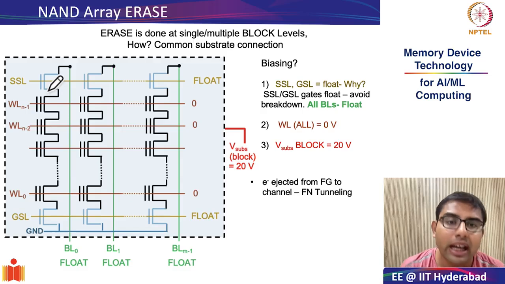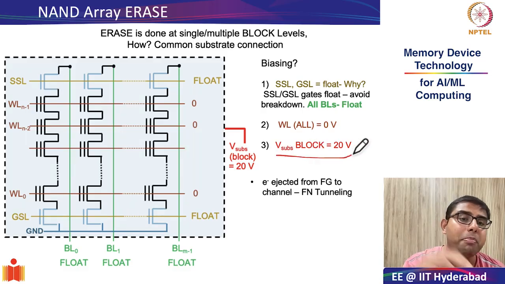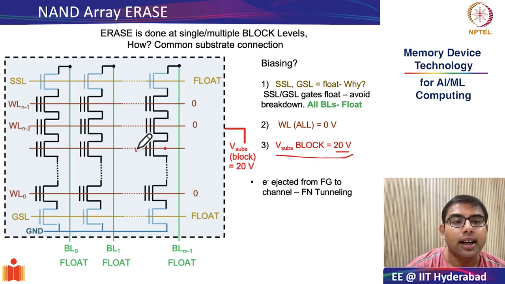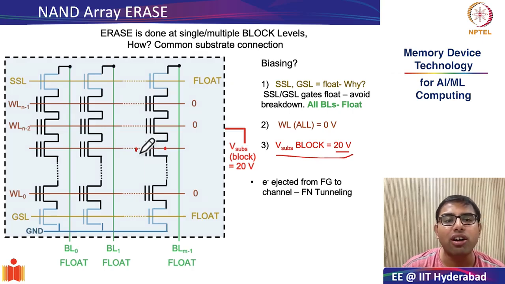So all the word lines, or all the pages, which are nothing but connected to individual word lines, are biased to 0 volts. And finally, the substrate voltage of that particular block, sometimes done for multiple blocks also, is asserted to plus 20 volts. And when you assert plus 20 volts at the substrate and 0 volts at the control gate, all the electrons which were present at the floating gate are flushed out into the channel region.